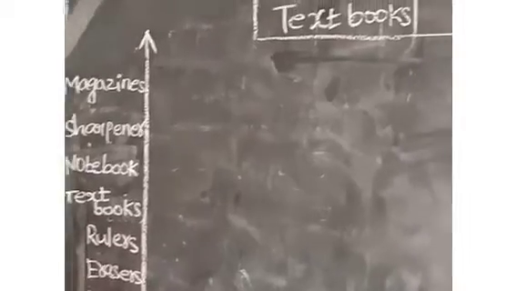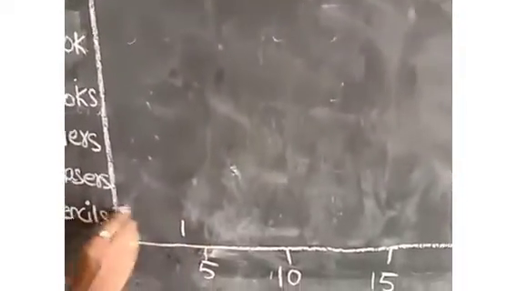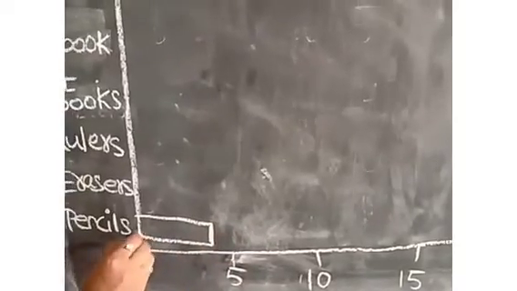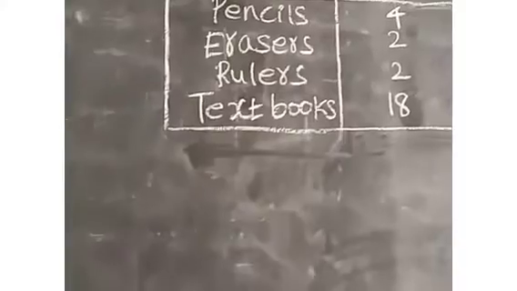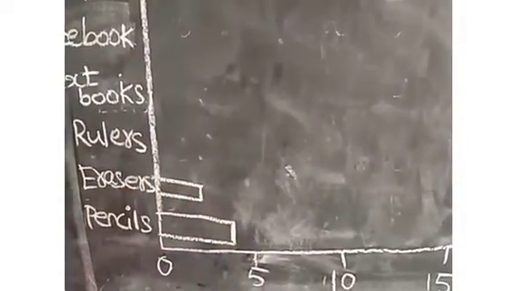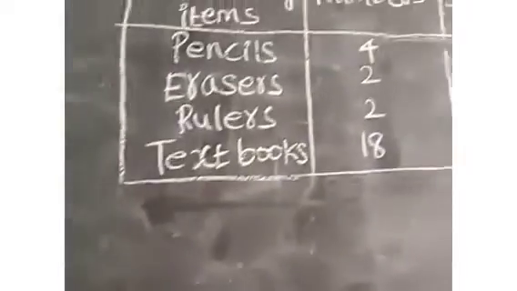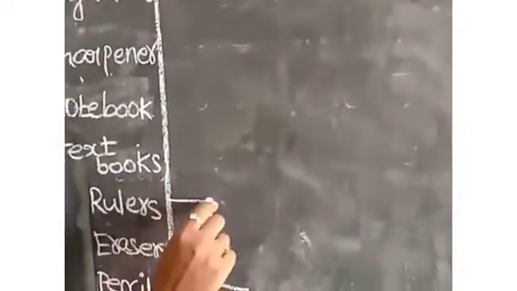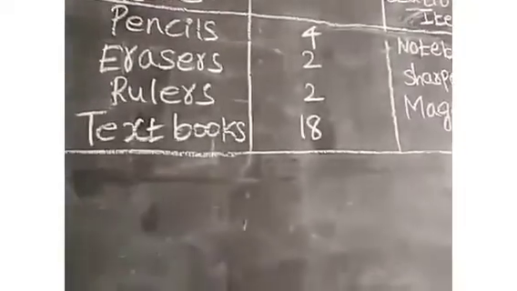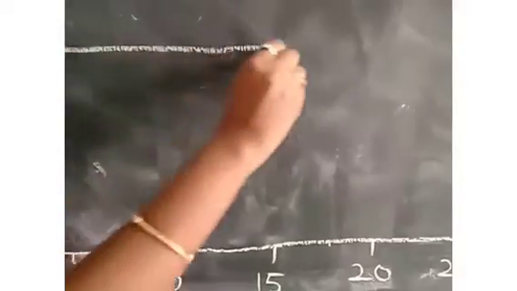Now for the first one, pencil 4. So 4 is here. So draw a rectangular bar. Then for erasers 2. 2 is here. Then for rulers 2. So it is the same as erasers. Then for textbook 18. 18 is here. So draw up to 18.